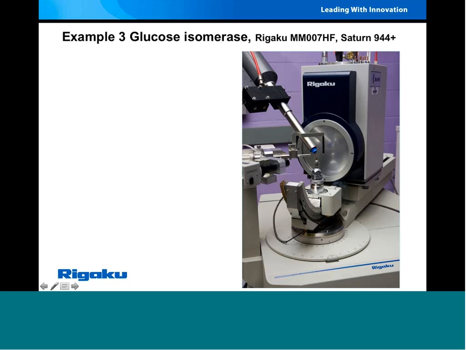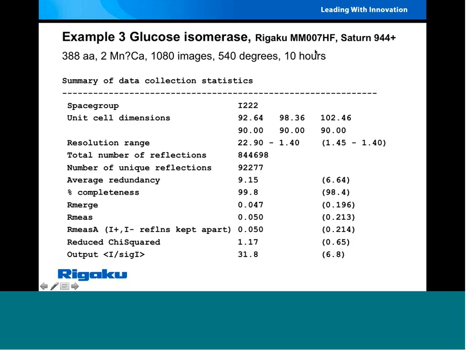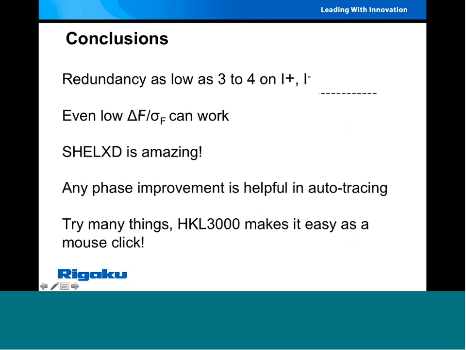The glucose isomerase was collected at Cold Spring Harbor Laboratory during the Cold Spring Harbor course on X-ray methods in structural biology, and it's on another Rigaku rotating anode, the MicroMax-007 HF with a Saturn CCD detector. These were the data collection statistics on it. The average redundancy was a little bit higher for this weaker data.